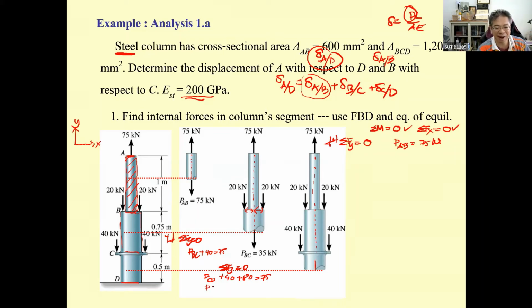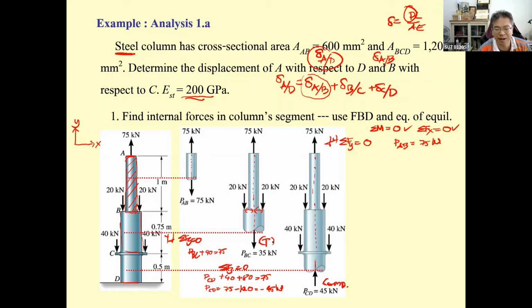So P sub CD is going to be 75 minus 120, so that is going to be minus 45 kilonewton.